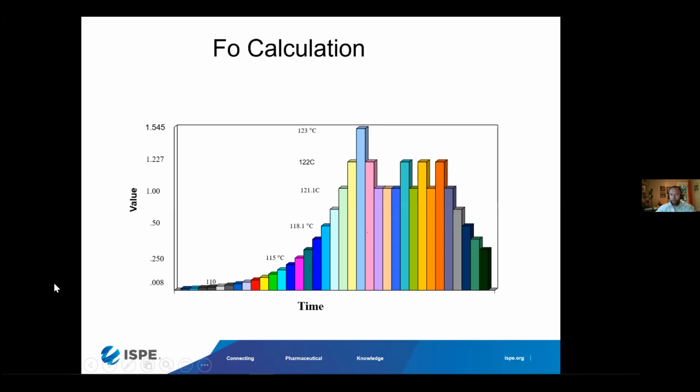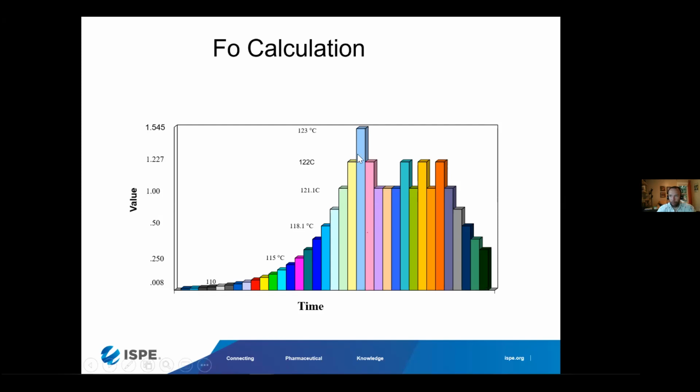So one last graphical representation here. Across the bottom x-axis, this is time, and up the y-axis on the left is what we're calling the lethal value, or F sub 0, F0. And you can see at 121 degrees, we're accumulating one lethal value, one F0 per minute. So this is a temperature curve.